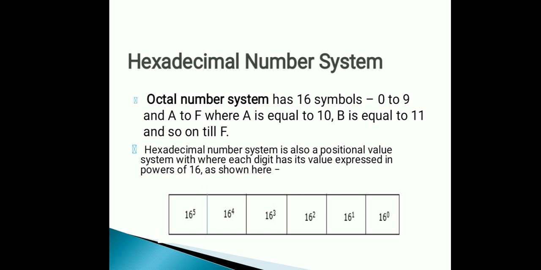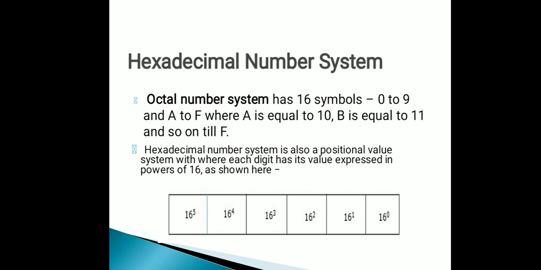Each position in the hexadecimal number represents a power of the base. The base here is 16, because there are a total of 16 symbols, 0 to 9 and A to F. Similarly, from the rightmost side to the left side: 16 to the power 0, 16 to the power 1, 16 to the power 2, 3, 4 and 5.